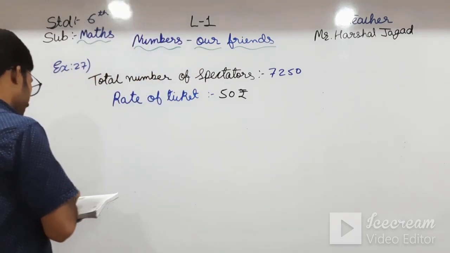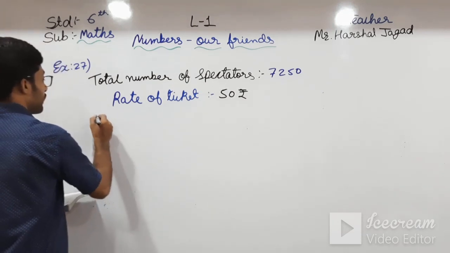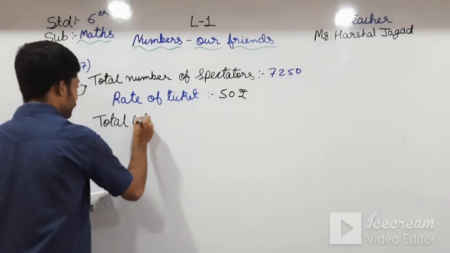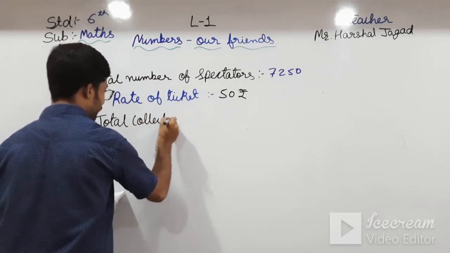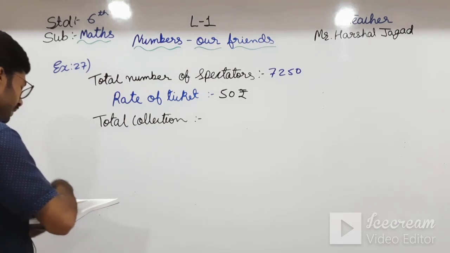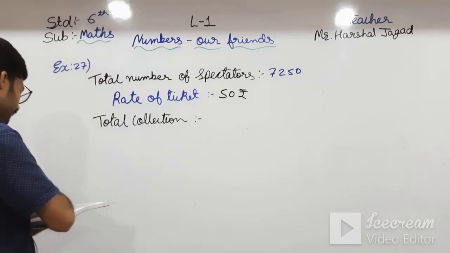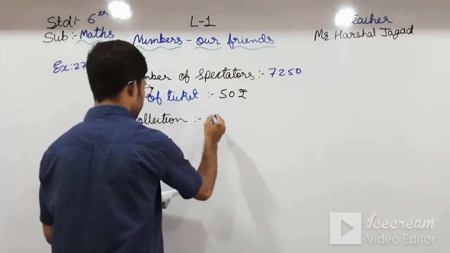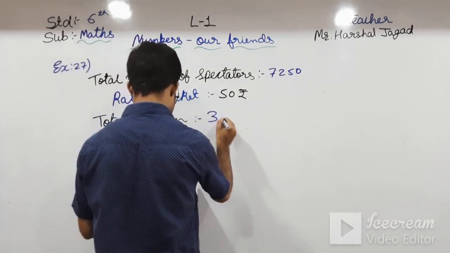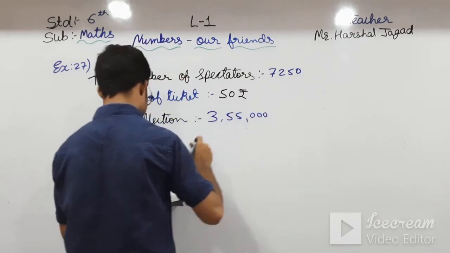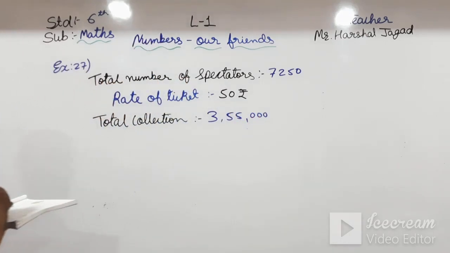Now we have to write total collection. What is the total collection? That is 3,55,000.